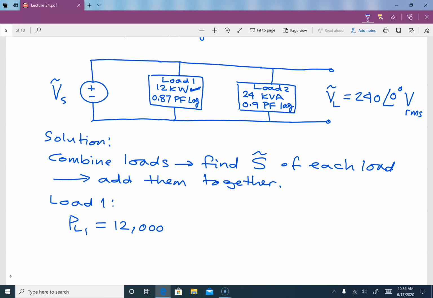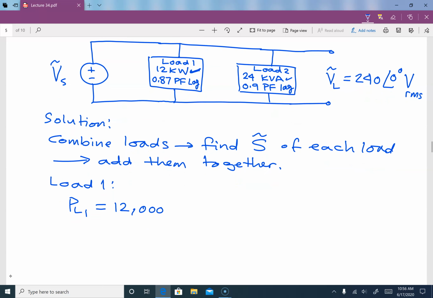Because as you know, we do have the power triangle. In this case, since the unit is kilowatt, that means the average power of load 1 is given. If you look at load 2, that is in kVA, which is 24 kVA. That means that is not the average power, that is the apparent power given for load 2.